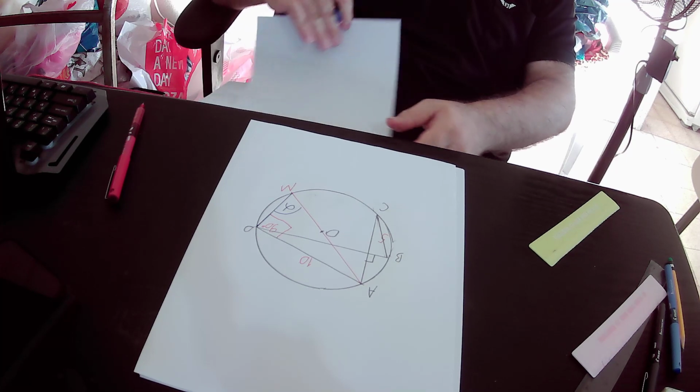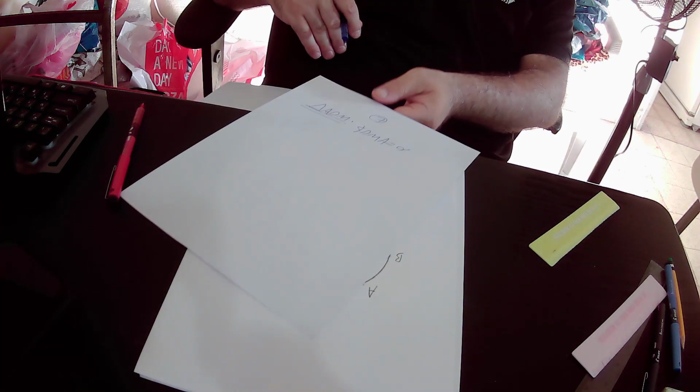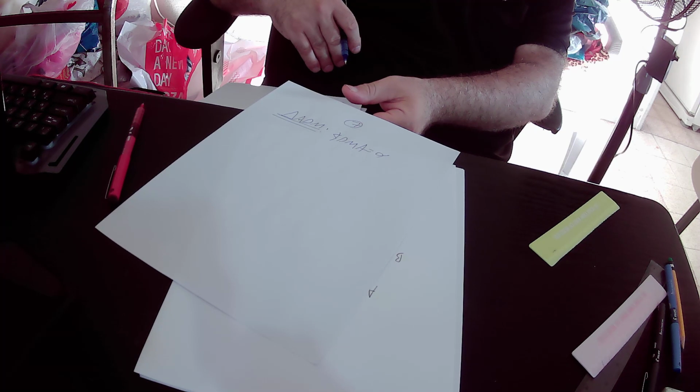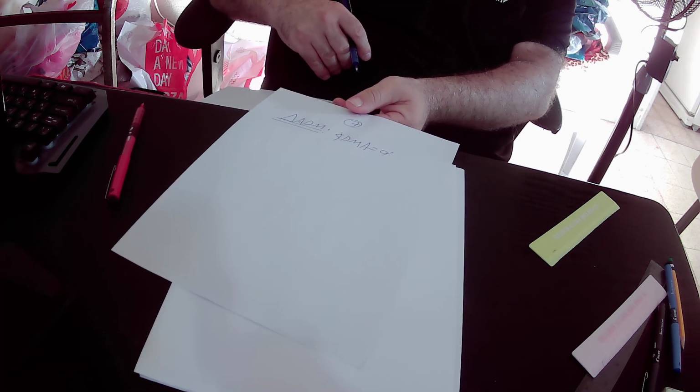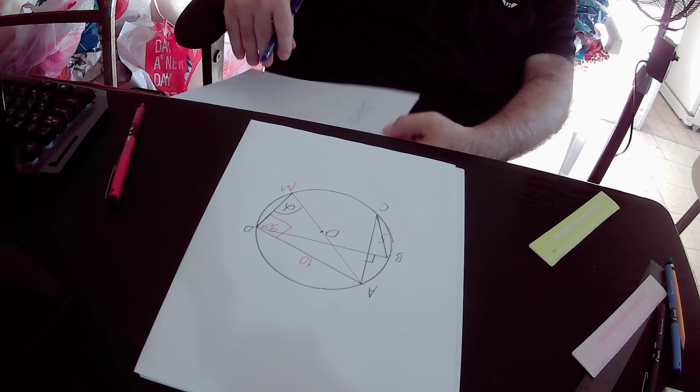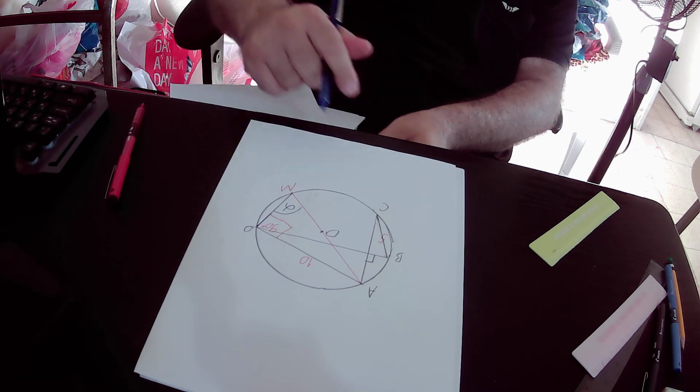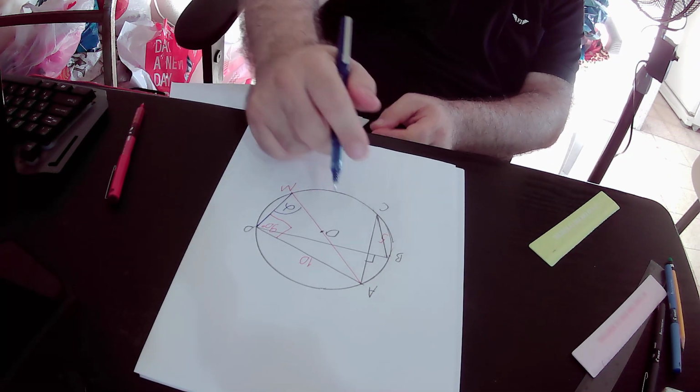In the right triangle ADM, angle DMA equals alpha according to our definition, and angle MAD will be equal to beta.